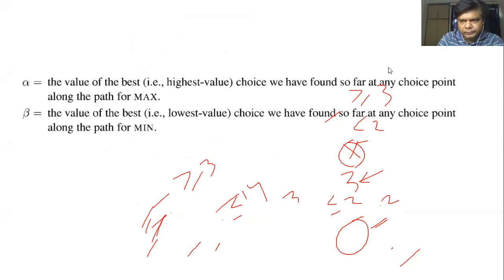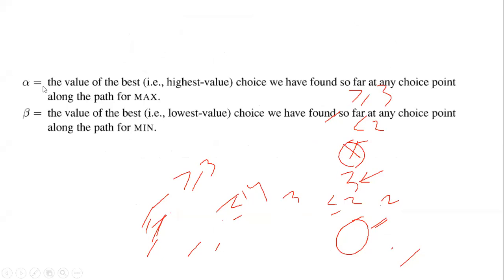And alpha means, so alpha, what is the meaning of alpha? The value of best, that is highest value choice we have found so far at any choice point along the path for max. अल्फा का मतलब है कि मैक्स के किसी भी पाथ पर हाईएस्ट वैल्यू क्या मिला. ओके, दैट मींस कि वैल्यू ऑफ दैट नोड will always be greater than or equal to alpha.